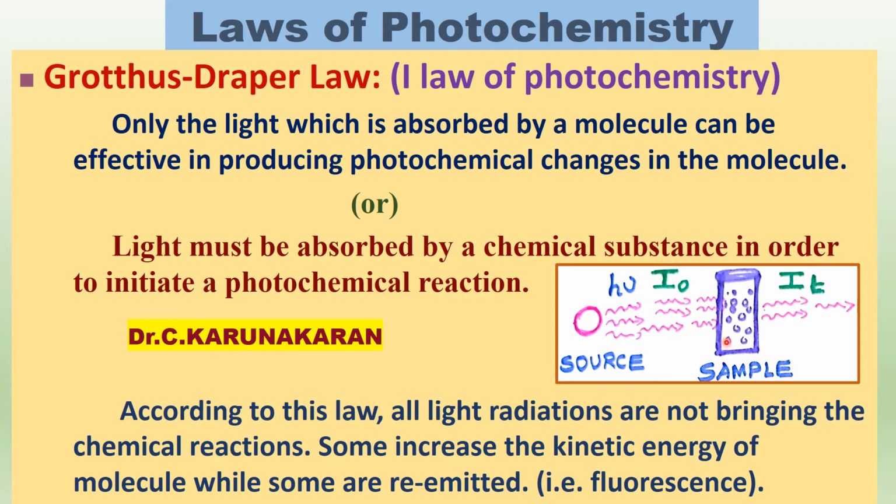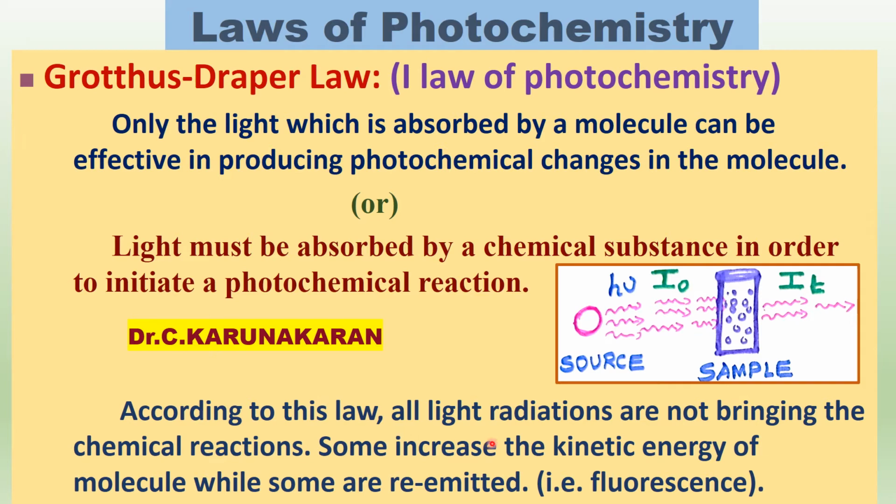Those molecules which have absorbed the light photons only undergo photochemical reactions. That is, in other words, light must be absorbed by a chemical substance in order to undergo a photochemical reaction. In order to initiate a photochemical reaction, light must be absorbed by a molecule.